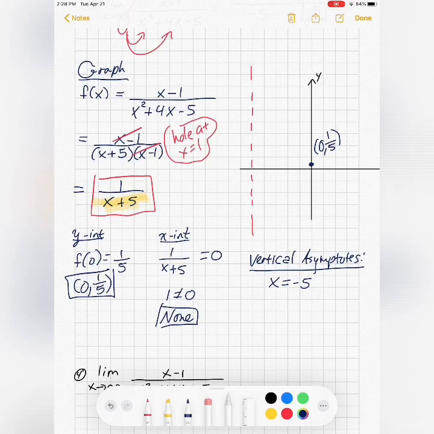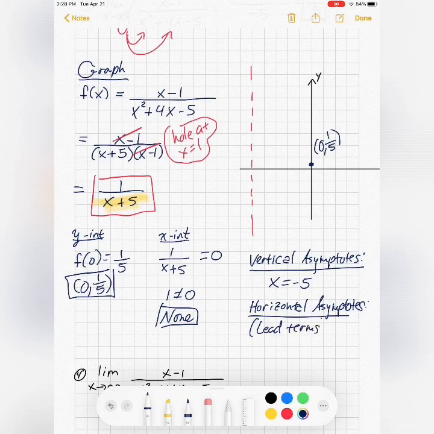Okay, what else did we look at? We looked at horizontal asymptotes. Okay, for those, remember what I had to look at? I had to look at the leading terms.